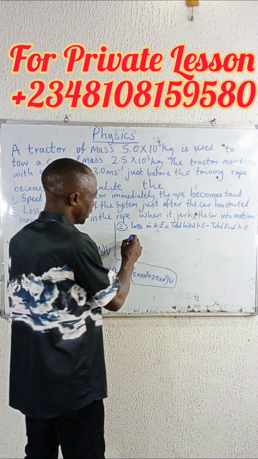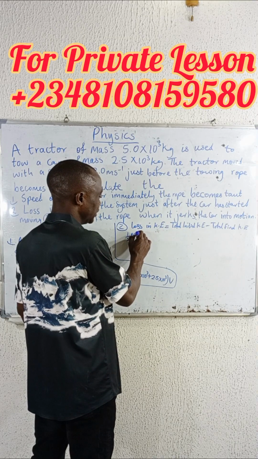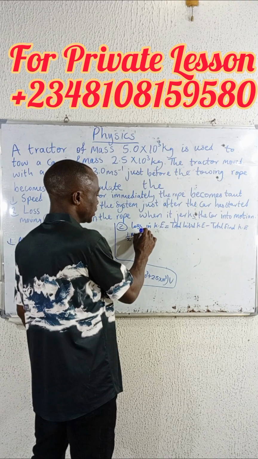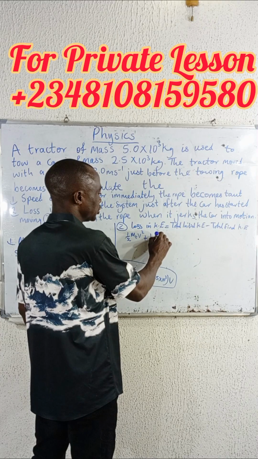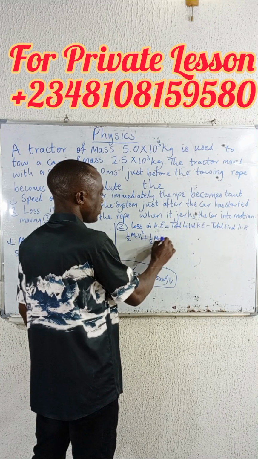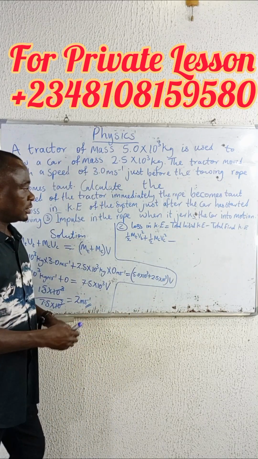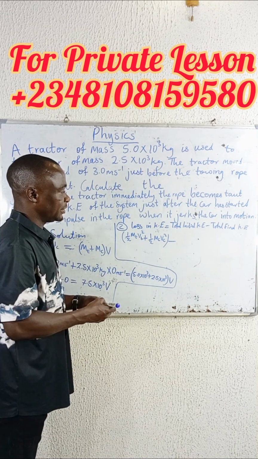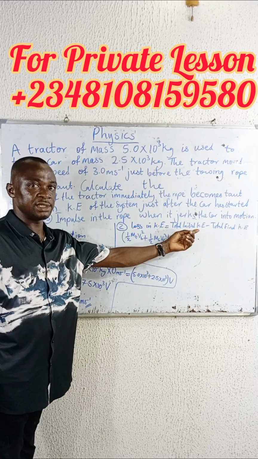So we have 1/2 the mass of the tractor times the velocity of the tractor squared plus the mass of the car times the velocity of the car squared, minus these two. We add them together because both of them form our total initial kinetic energy.